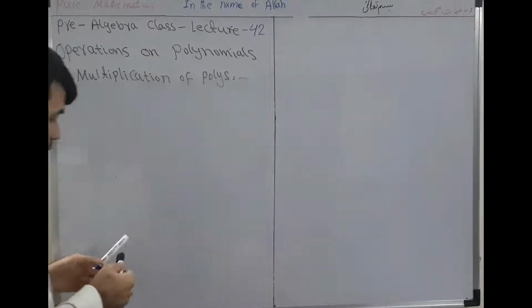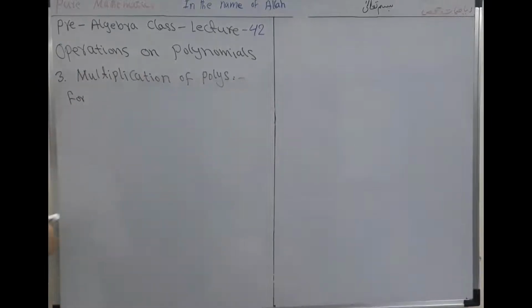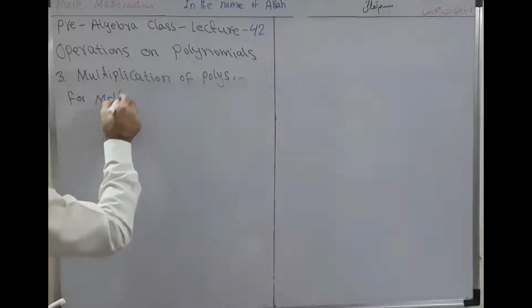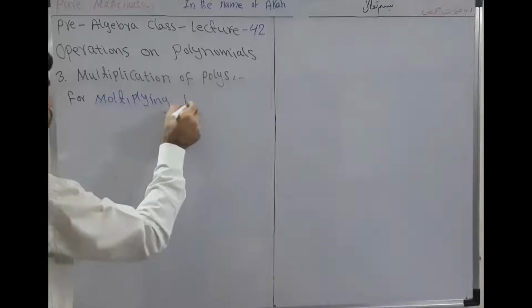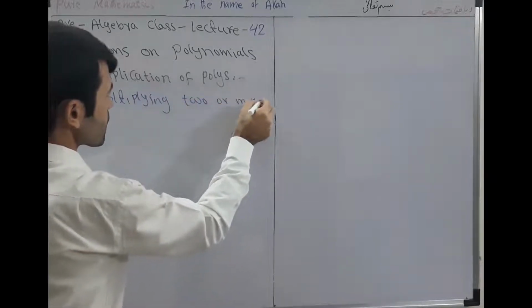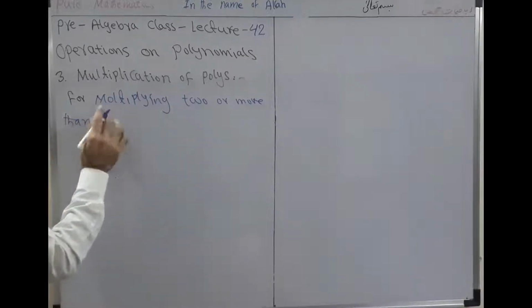First we want to write the methods for multiplying two or more than two polynomials.